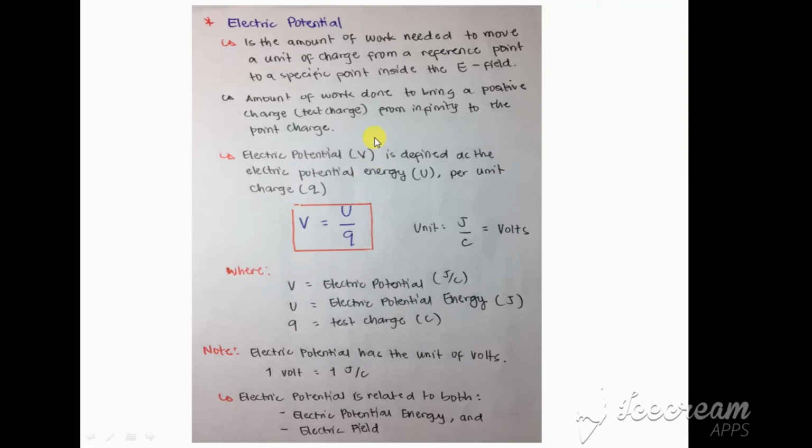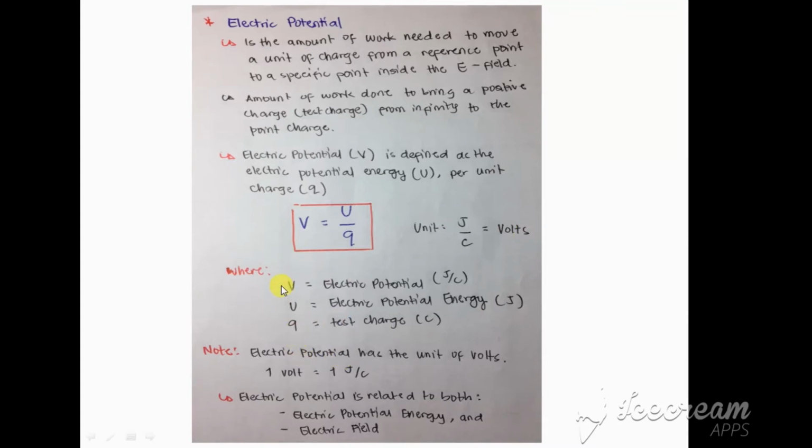Now, electric potential, represented by the letter V, is defined as the electric potential energy, which is U, per unit charge, which is represented by the letter Q. Now, V is equal to U over Q, and the unit for this is joules per coulomb. Now take note that joules per coulomb is equal to volts.